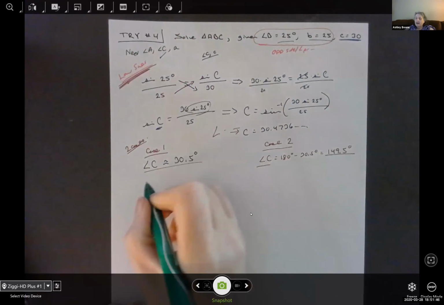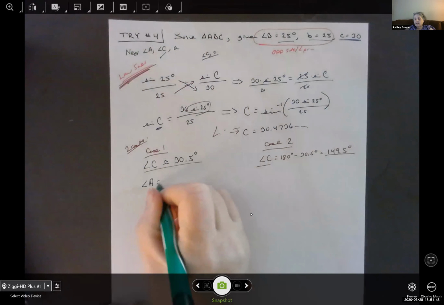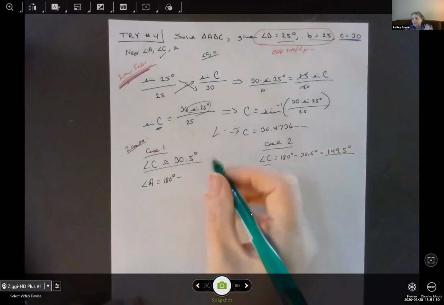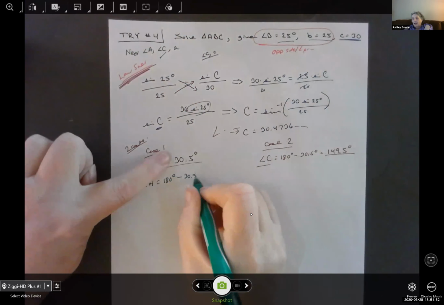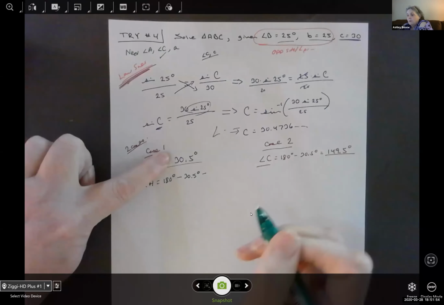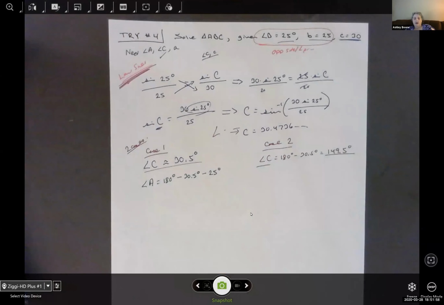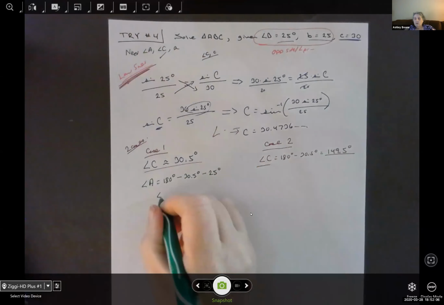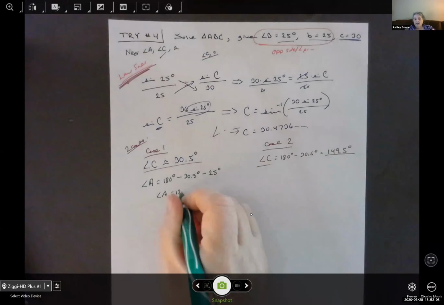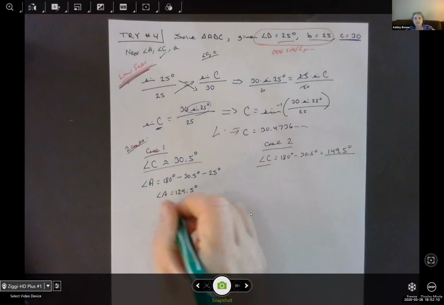So angle A would be 180 degrees minus angle C and angle B that we were given. So we have 180 minus 30.5 minus 25. This would mean that angle A would be 124.5 degrees in this case.